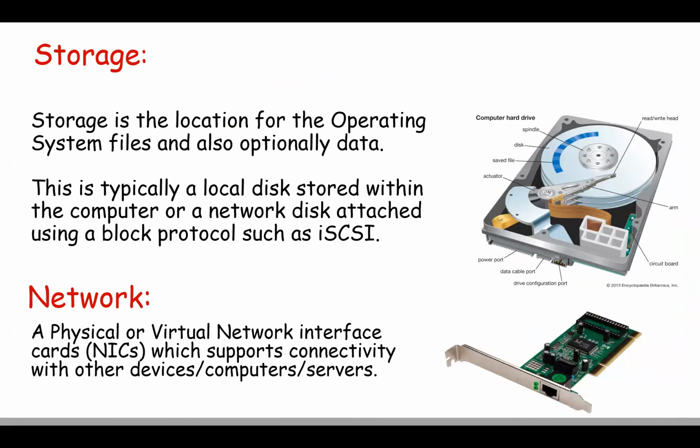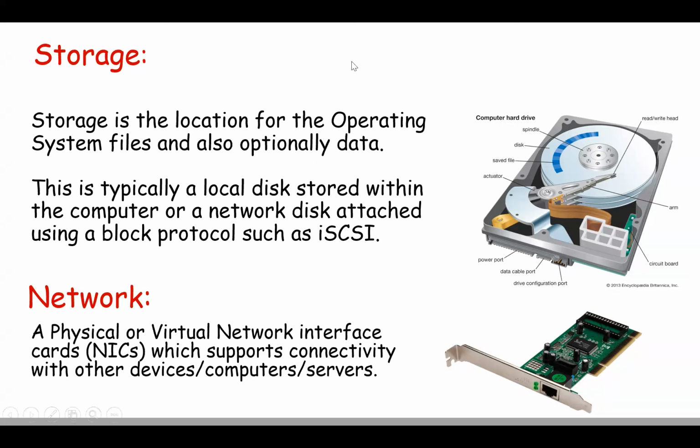So till now we discussed CPU and RAM. Then what about storage? Storage is an important part. Why? Because whatever information you save should be stored somewhere, right? Storage is a location for the operating system files and optionally data. This is typically a local disk stored within the computer, or a network disk attached using a block protocol called iSCSI.